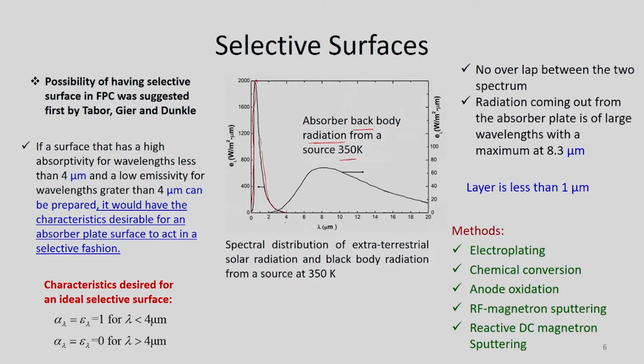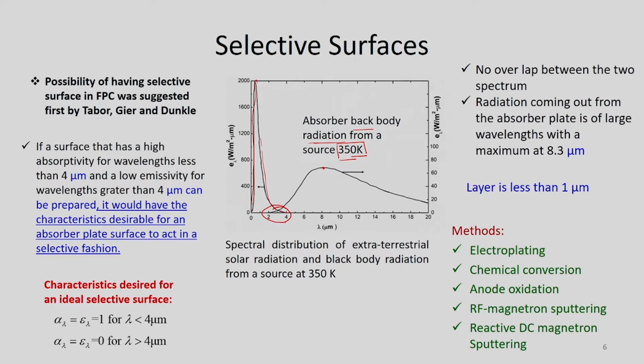And the black absorber plate is something like the absorber plate we are considering. If we maintain a temperature of 350 Kelvin and plot this radiation spectrum, we will get something like this. The peak will be at around 8.3 micron, and very little overlap is observed here, right.